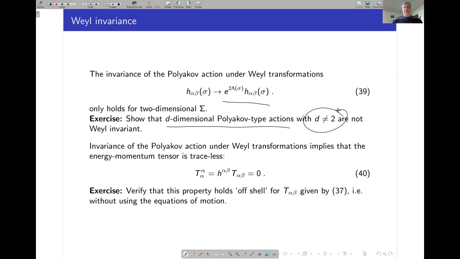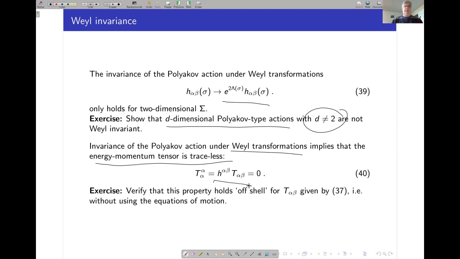One thing I can already say, related to the invariance under Weyl transformations, is a special property of the energy momentum tensor, namely the energy momentum tensor is traceless. To be precise, it is traceless as a tensor. It's slightly different from traceless as a matrix, because we want to make a covariant statement, and that means the trace of a tensor is defined by its contraction with a metric.